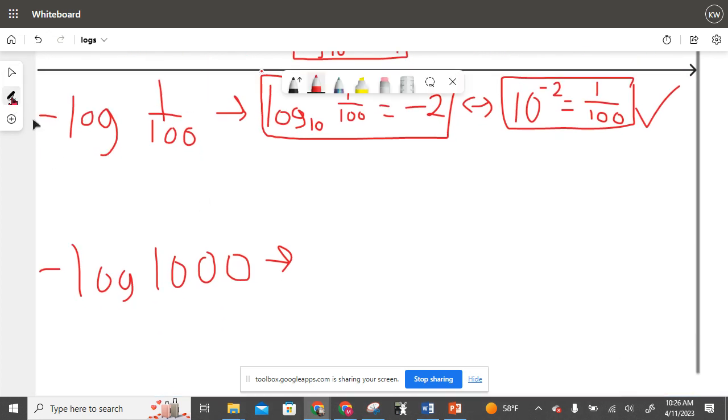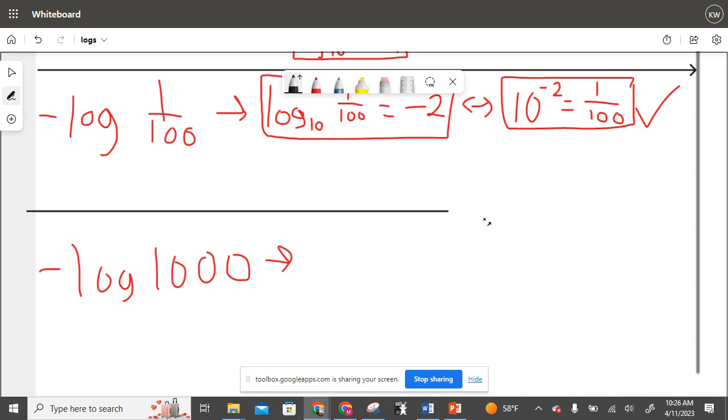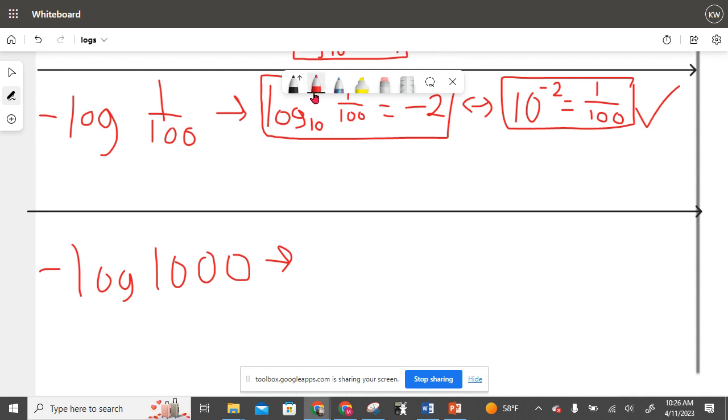my last one here, since that's 1000, I'm asking you, your log of base 10 of 1000 is what? What is this, folks? So can one of y'all tell me? 10 to what power is 1000?